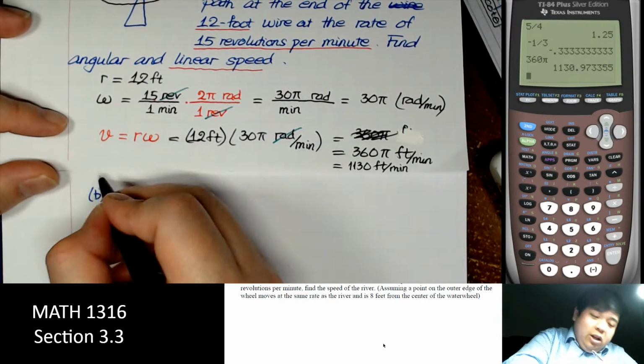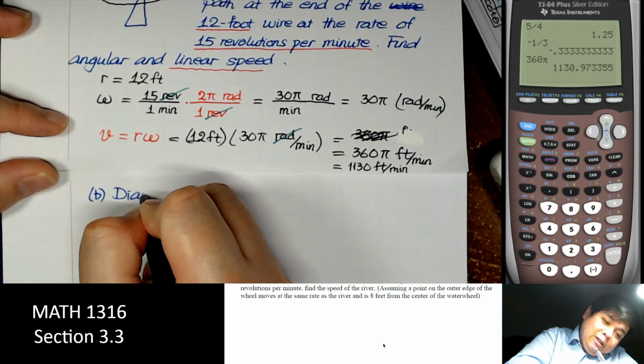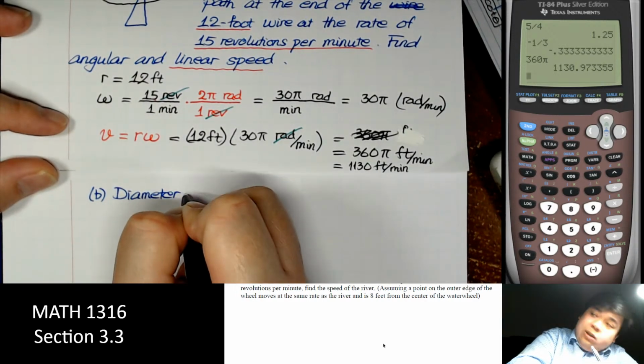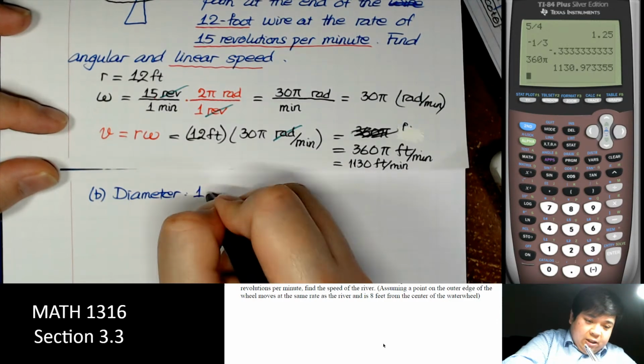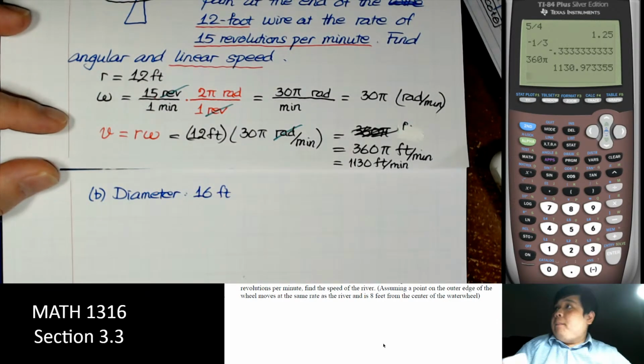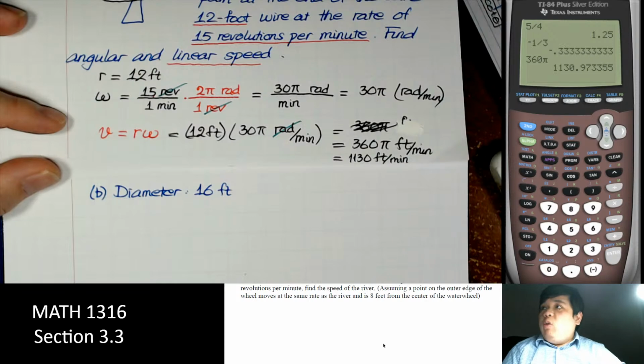A water wheel has a diameter of 16 feet. Assume the wheel makes 12 revolutions per minute.